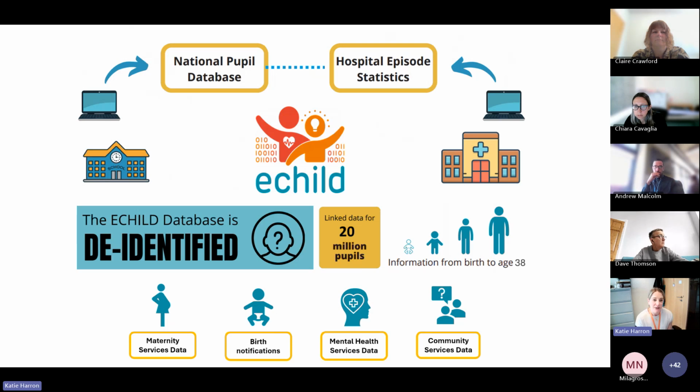With the National Pupil Database, which includes information on attendances, attainment, exclusion, free school meals, and also the children's social care data. We have got linked data on 21 million pupils, and we can follow them up from birth into early adulthood, and it's accessed via the ONS Secure Research Service.